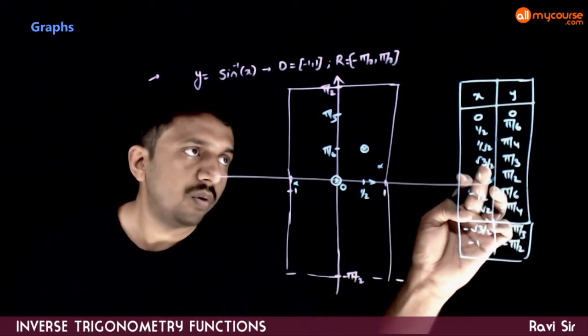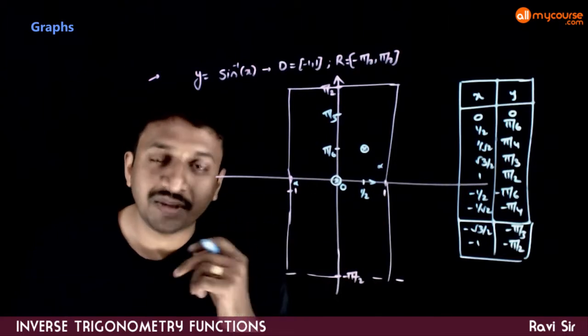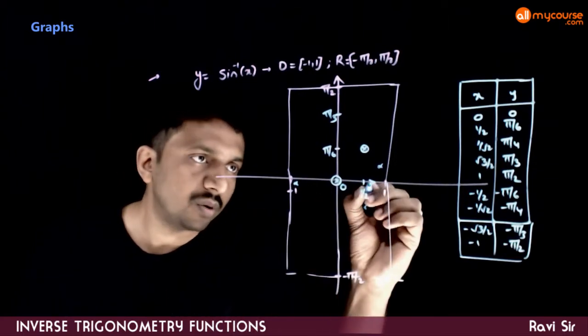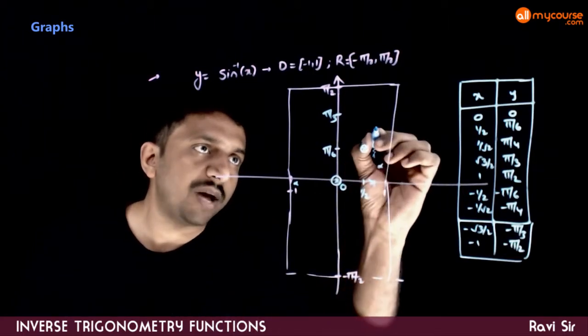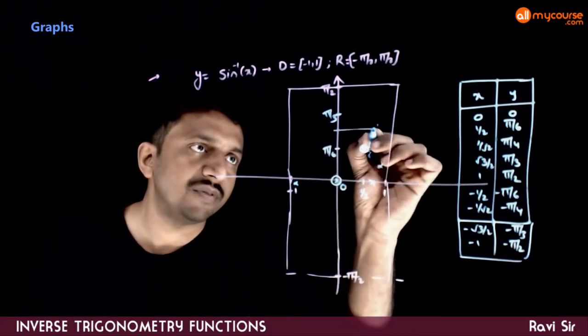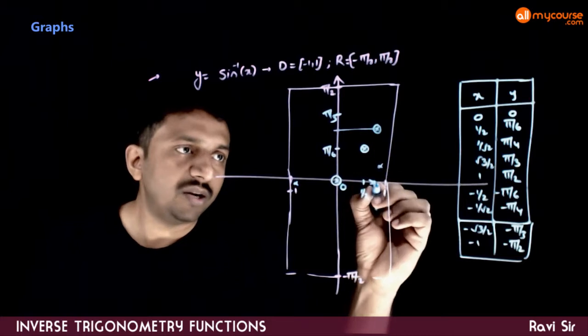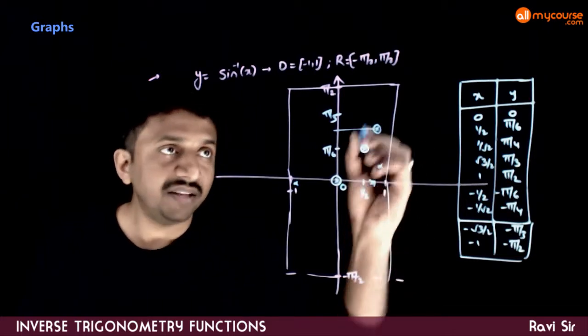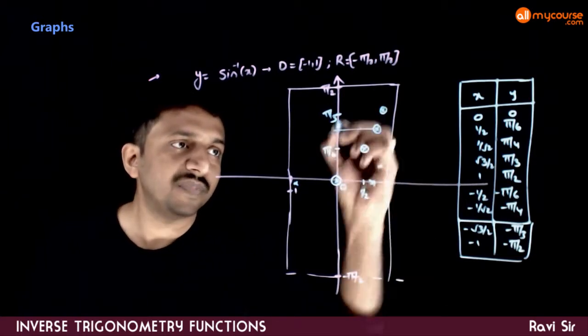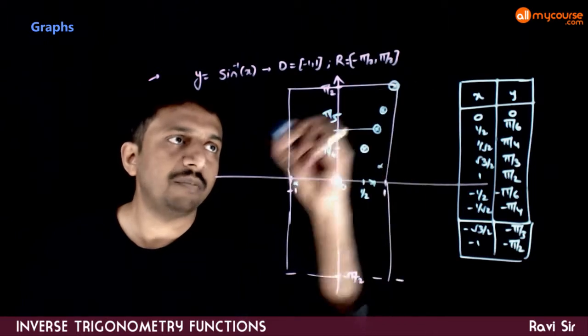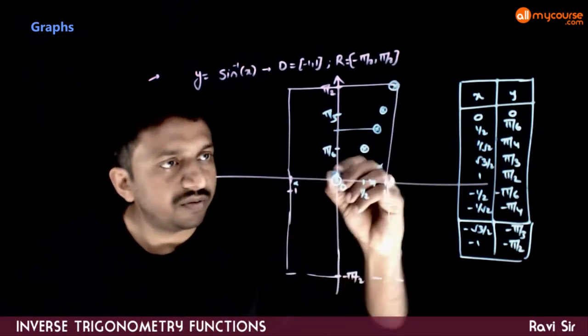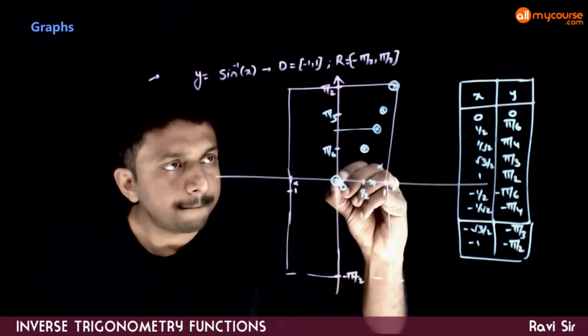Next, 1/√2, something like 0.7, corresponds to π/4. π/4 is somewhere in between them. √3/2, 0.8 something, corresponds to π/3. 1 corresponds to π/2.